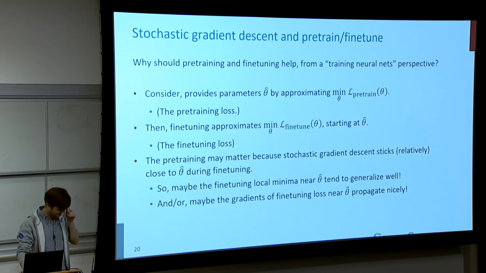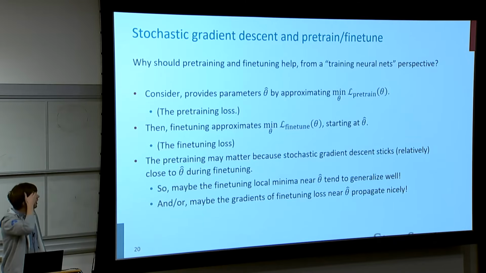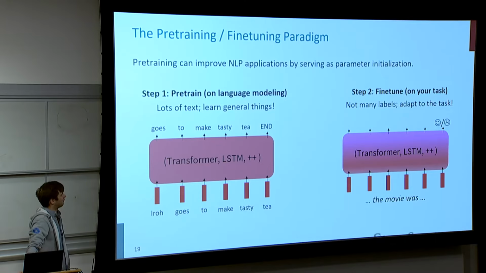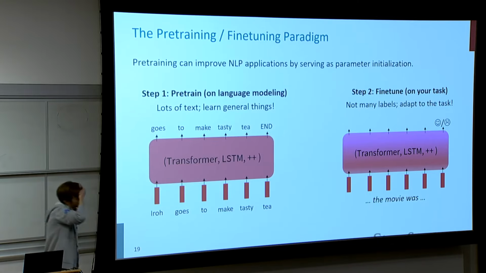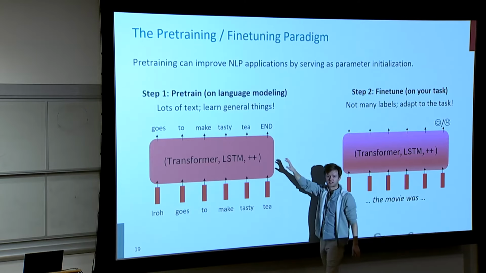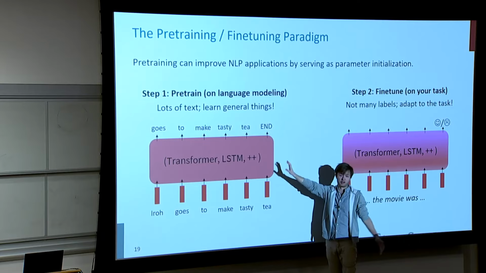A student asks: why does the pre-train and fine-tune paradigm work better than just making the model more powerful, adding more layers, adding more data to just the fine-tuning? The simple answer is that you have orders of magnitude more data that's unlabeled. That's just text that you found.